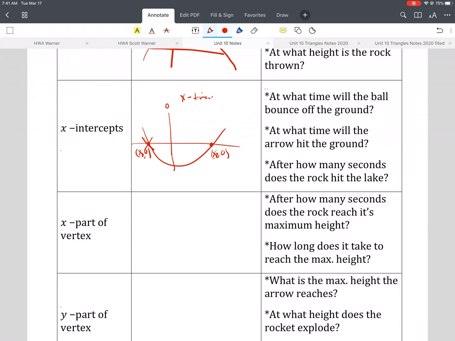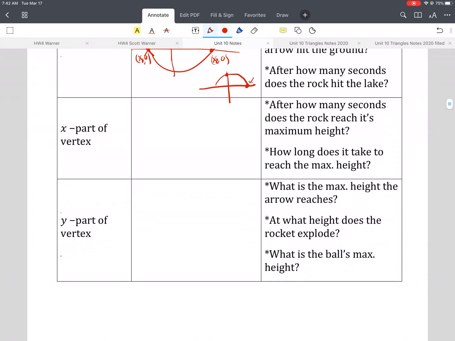At what time will the arrow hit the ground? After how many seconds does the rock hit the lake? Here is where that would happen. Often parabolas are like this, where you maybe threw a ball and it hit the ground, and that would be your x-intercept.